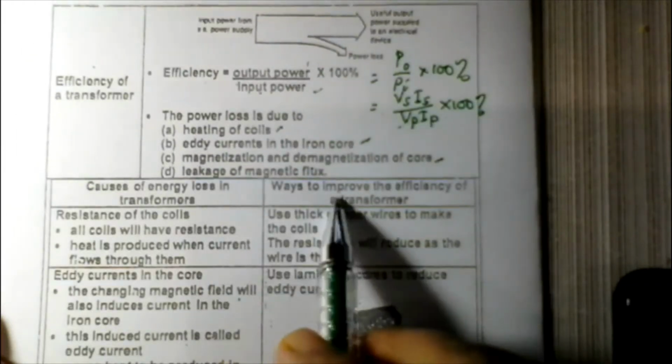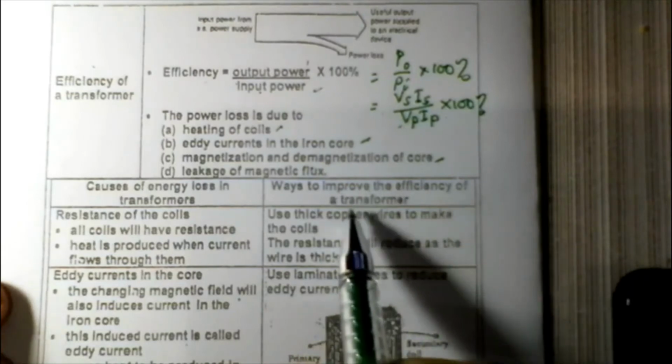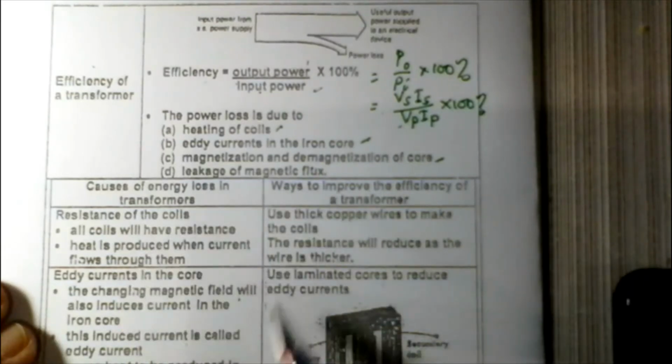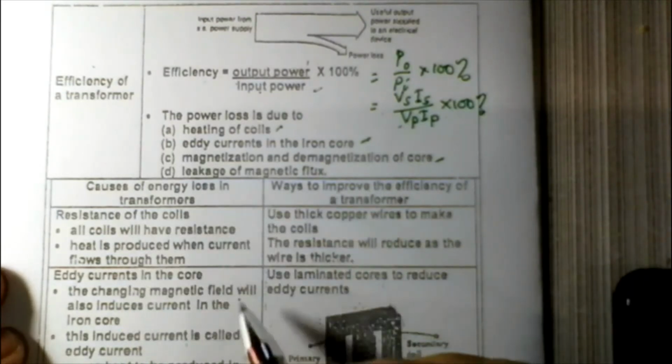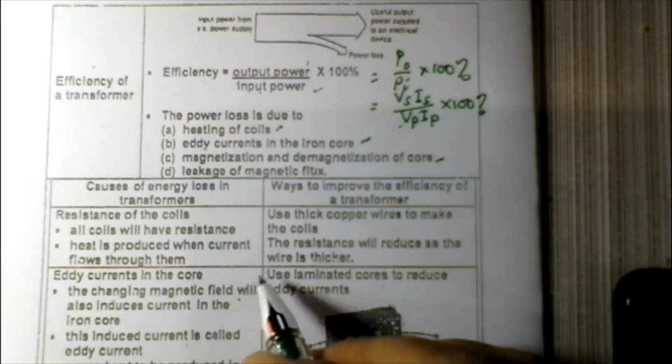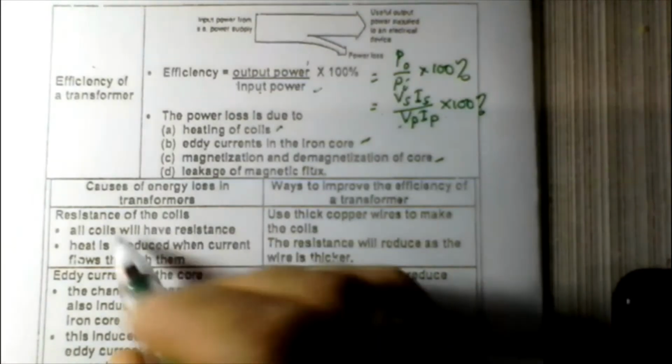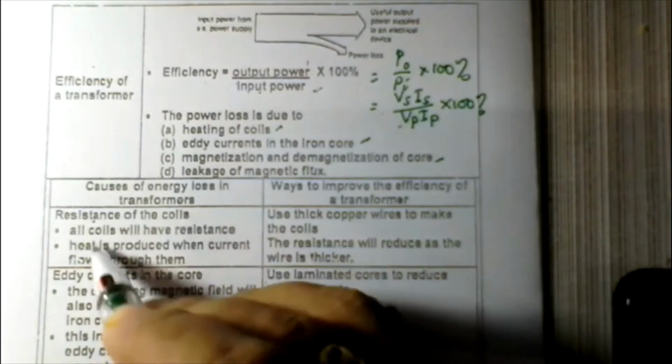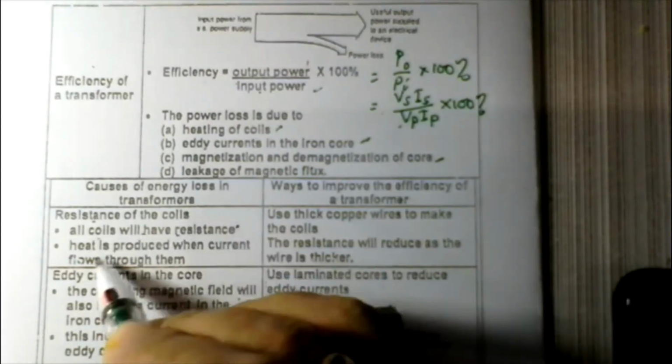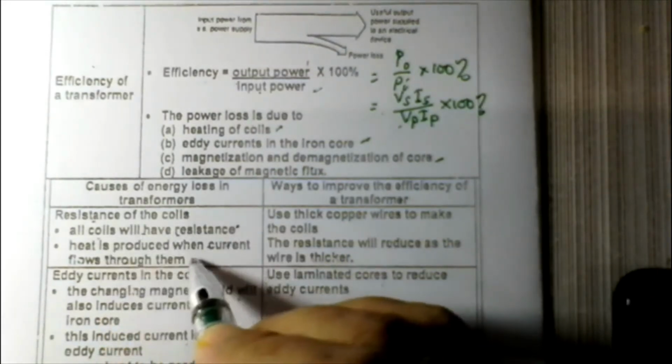Okay, now we want to discuss the causes of energy loss and ways to improve the efficiency of a transformer. So normally this discussion will come out in the AC part, section B or section C. Okay, look at the first point, resistance of the coil. So all coils will have resistance. Heat is produced when current flows through them.